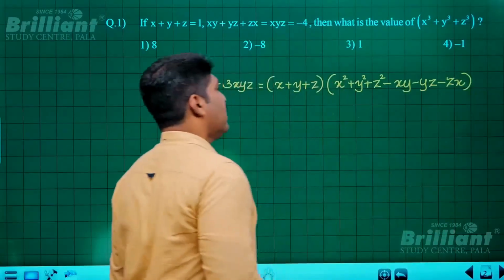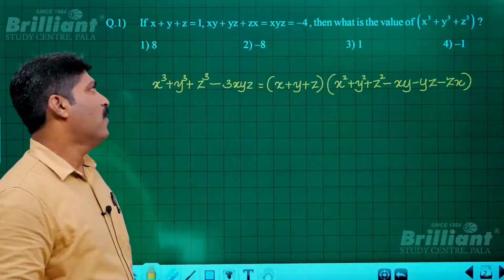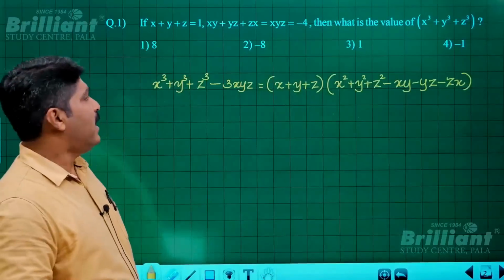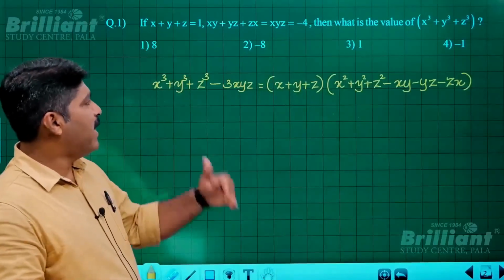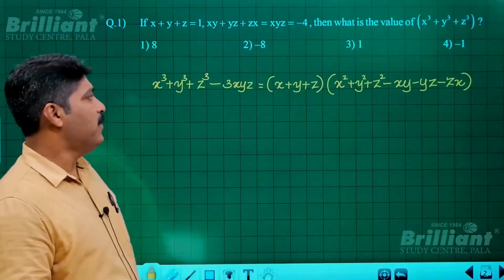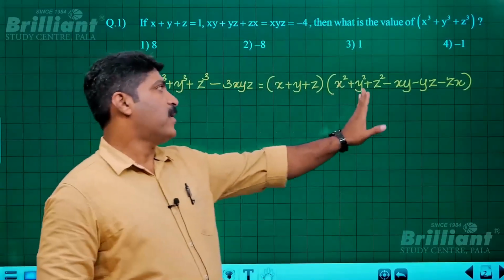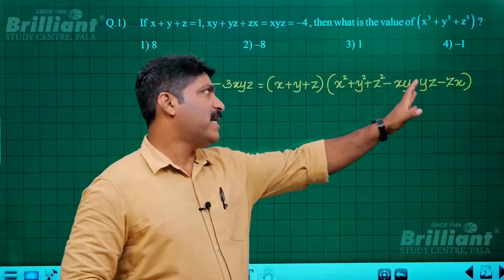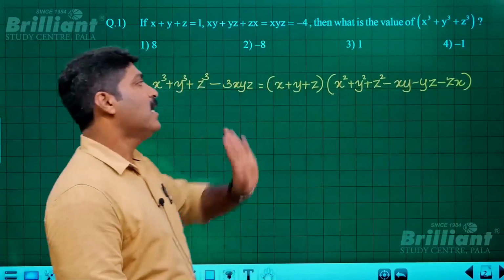So this is the literal expansion of this identity: x cube plus y cube plus z cube minus 3xyz equals x plus y plus z times x square plus y square plus z square minus xy minus yz minus zx.